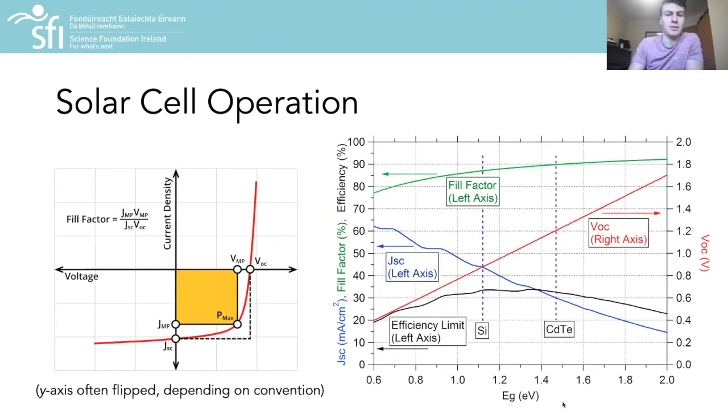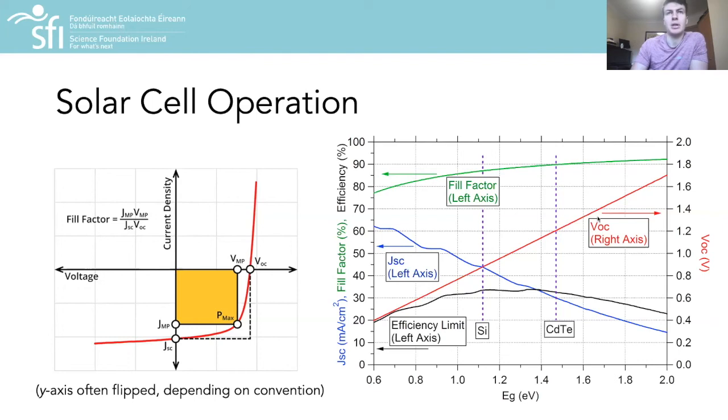So this graph here gives a nice illustration of how all these terms depend on the band gap energy. It's a bit messy, but essentially as our band gap energy increases, the open circuit voltage will increase, because again, we're increasing that potential difference between our excited electrons and the valence band. However, the short circuit current will decrease because, again, as we're increasing our band gap energy, we're absorbing fewer photons, and so there are fewer electron hole pairs being generated.